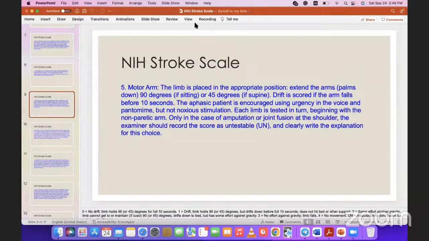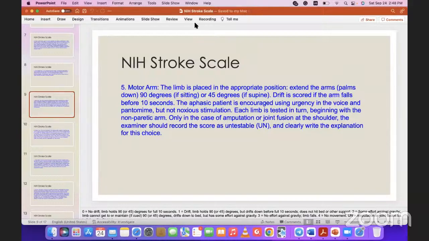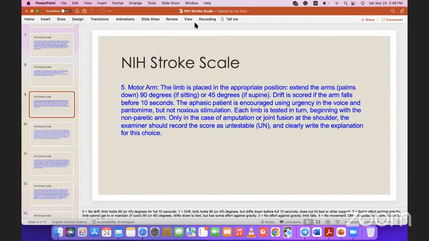Down here, we have the key for that. 0, we give 0 for no drift of the limb, as I mentioned, for 90 degrees or 45 degrees for a full 10 seconds. I give the patient 1 if it has a drift, the limb holds but drifts before the 10 seconds.